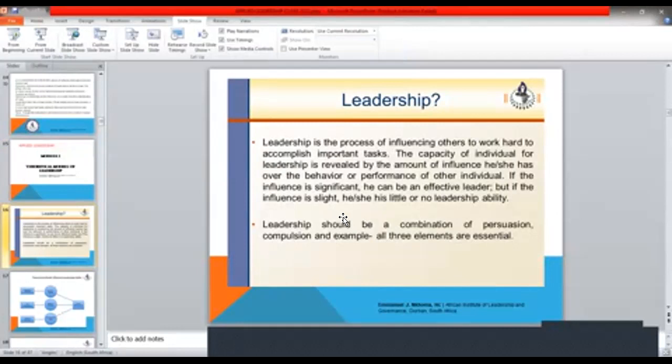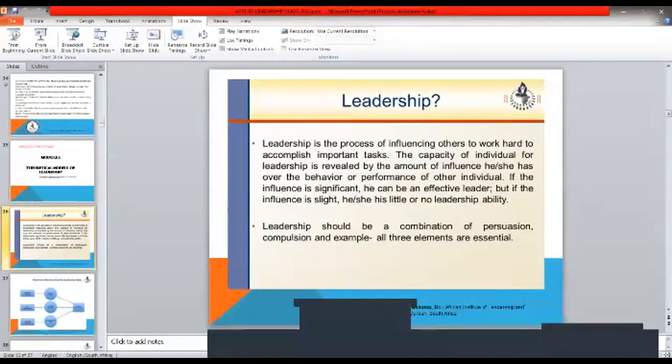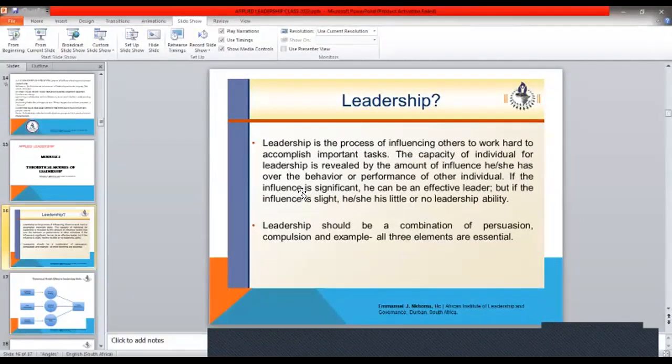Okay, so let's examine leadership in this context. Leadership is the process of influencing others to work hard to accomplish important tasks. The capacity of an individual for leadership is revealed by the amount of influence he or she has over the behavior or performance of other individuals. If the influence is significant, he can be an effective leader.